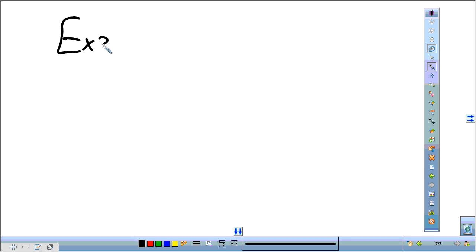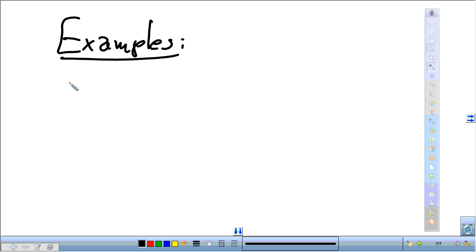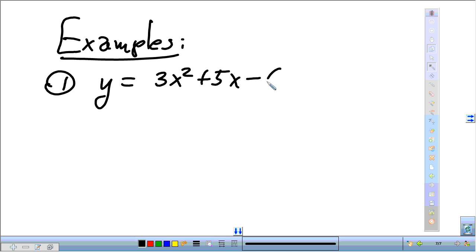So, using these rules together, we could take an expression like 3x squared plus 5x minus 6 and come up with an expression for the derivative, because it said we could take each term separately and worry about the derivative.